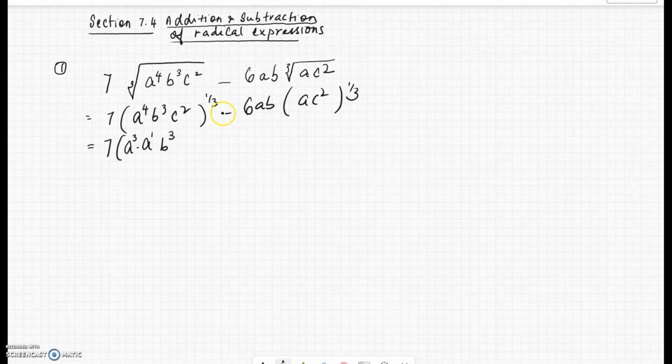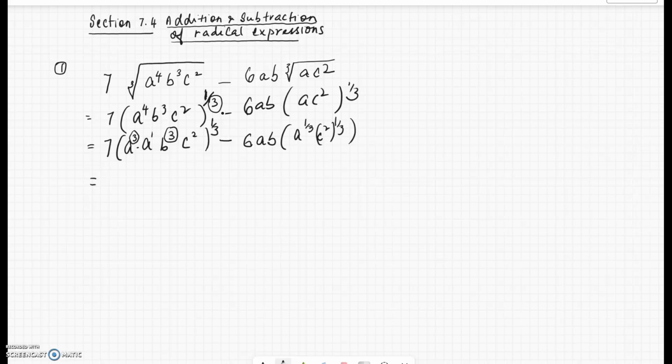This is B cubed, and that is C squared. So I'm writing the exponents in terms of multiples of 3. So that way, when I go times 1/3, it'll cancel with the 3. So that's equal to 6AB, A to the 1/3, C squared to the 1/3.